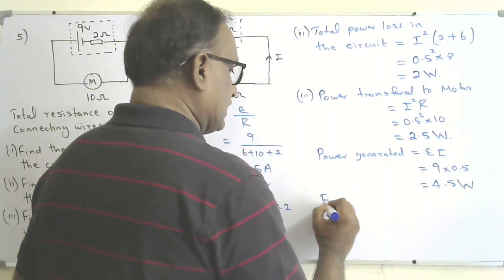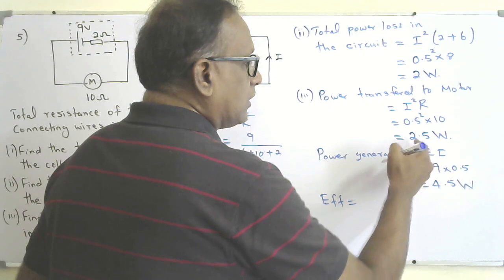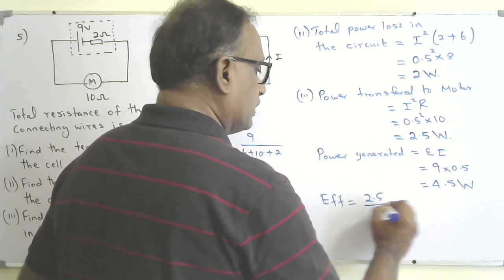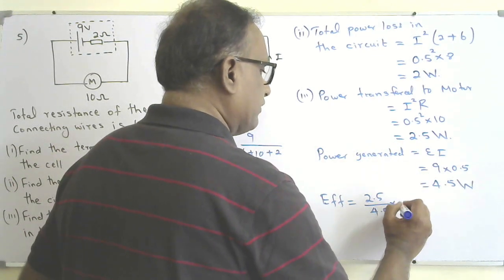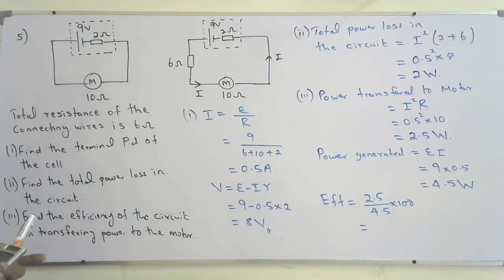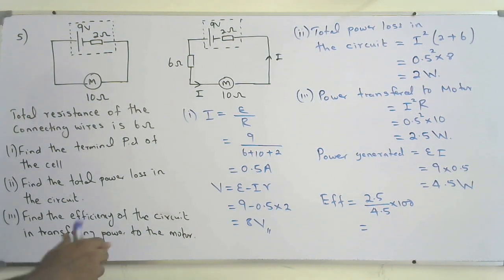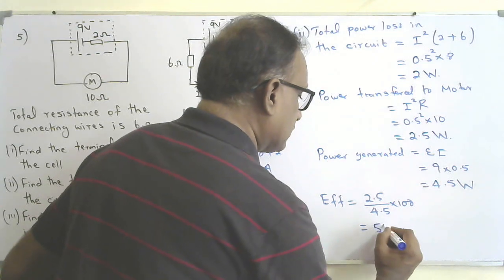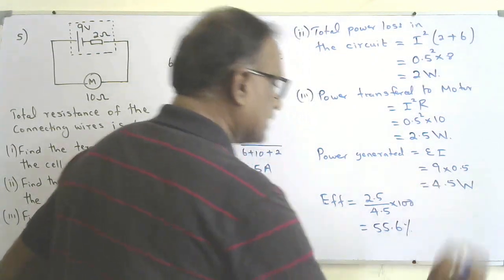So efficiency is 2.5 over 4.5 into 100%, 55.6%.